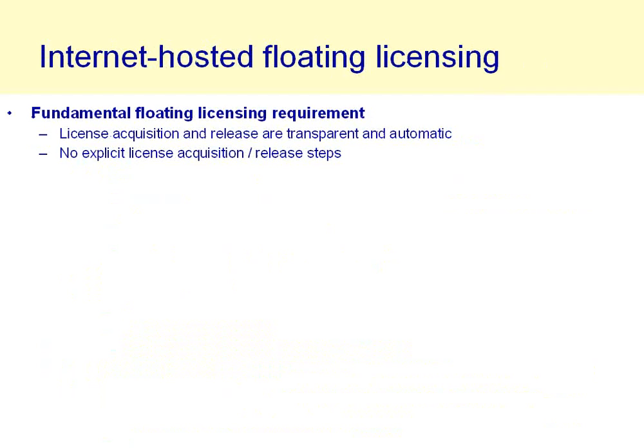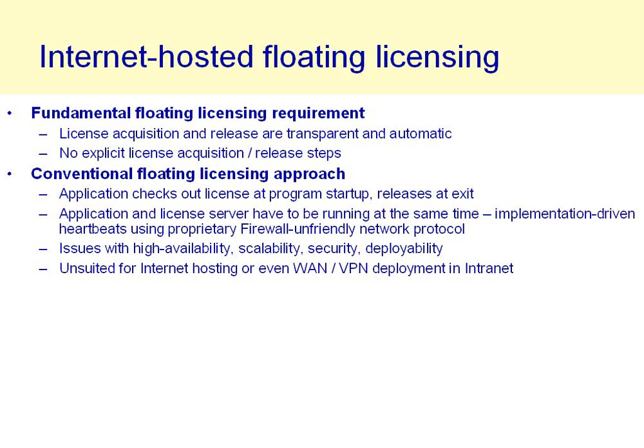So, the basic way that this typically works, you think about this working in traditional floating licensing over a local network, is that acquiring and releasing the license is transparent, and there are no explicit steps for going ahead and checking out a license and returning it and so forth. Now, with conventional floating licensing, what happens is, this is with the older type system, so the application checks out the license at startup, and when the application is exited, it releases its license.